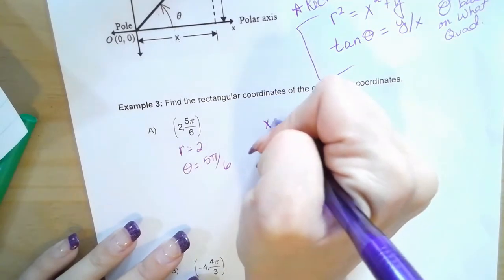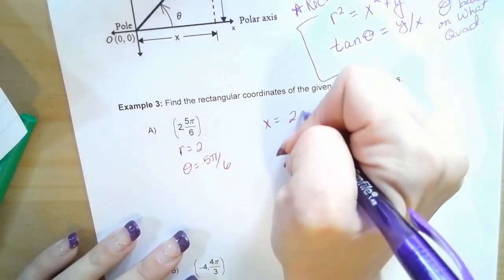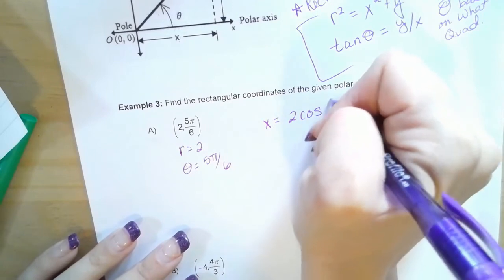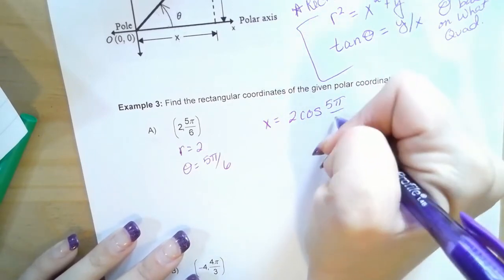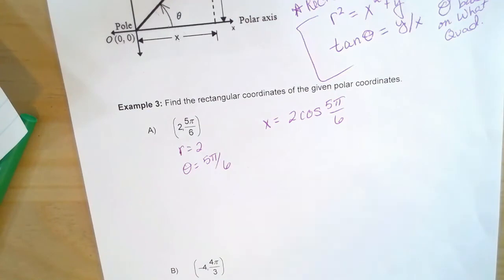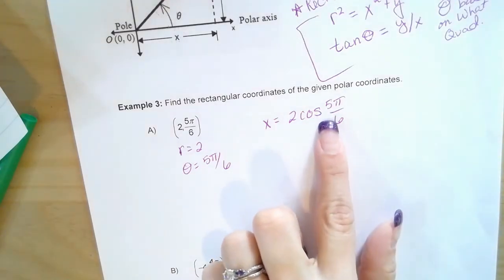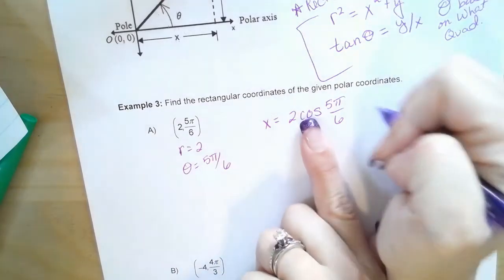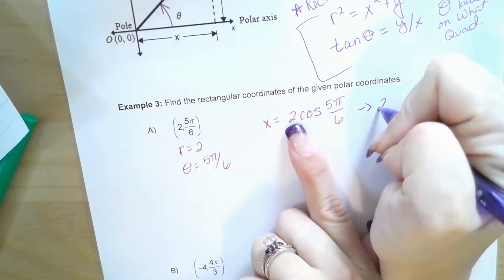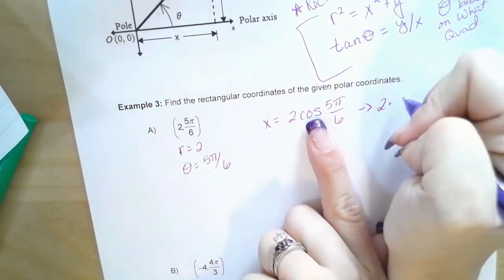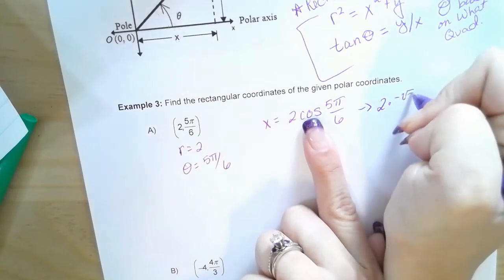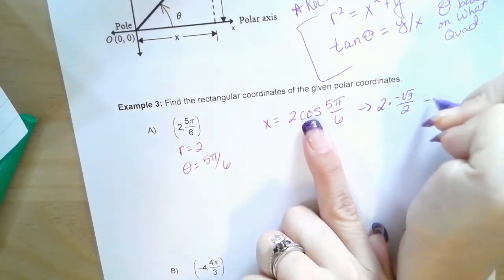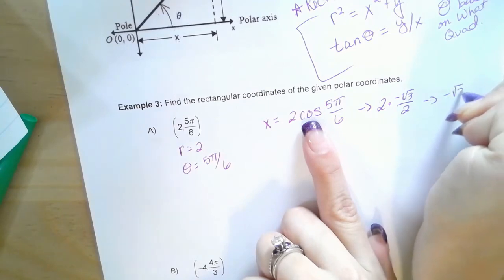So x is 2 times cosine 5 pi over 6. Now again, remember how I talked about we need to use our unit circle to get exact values, not the calculator. So 5 pi over 6, looking at the first coordinate because it's cosine, keep that 2 in front, and that cosine 5 pi over 6 gives us negative square root of 3 over 2. So that reduces this answer to negative square root of 3.